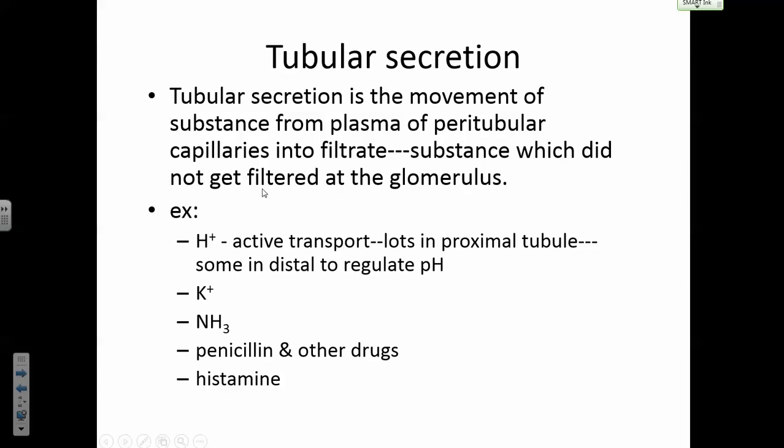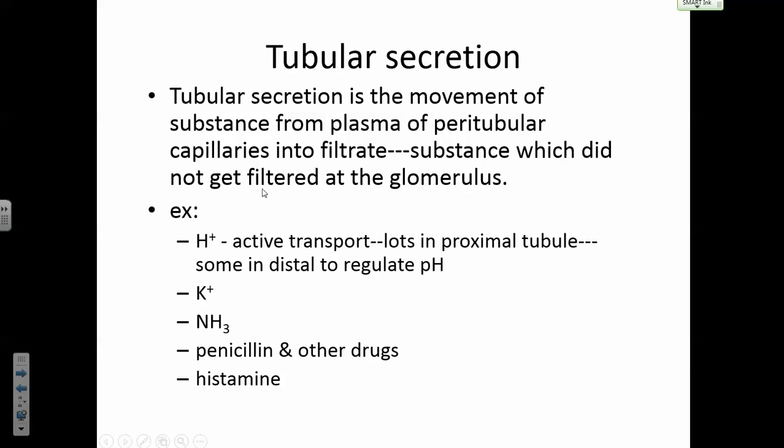And so from the efferent arteriole, blood is moving from there into the peritubular capillaries. And so now those things you still don't need are in the peritubular capillaries, and then they move into the filtrate of the renal tubule through secretion. Okay, and there's different transport mechanisms involved in that.